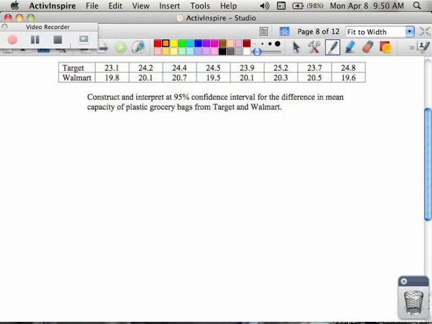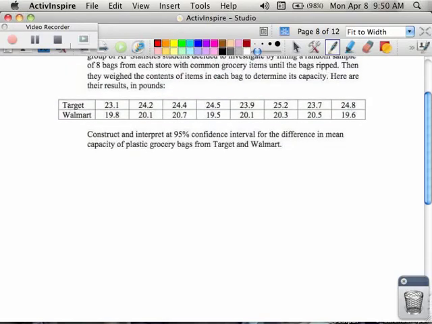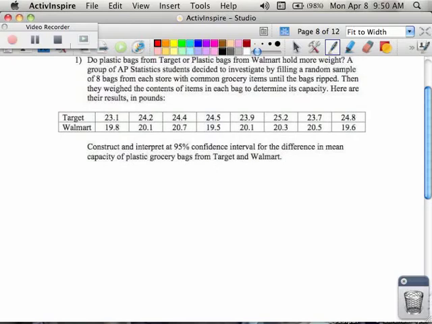So as I start to do my process, the first step, of course, is always talking about what you want to do.